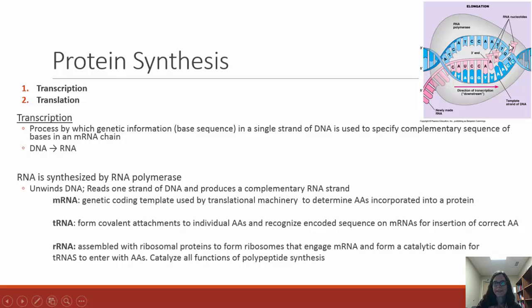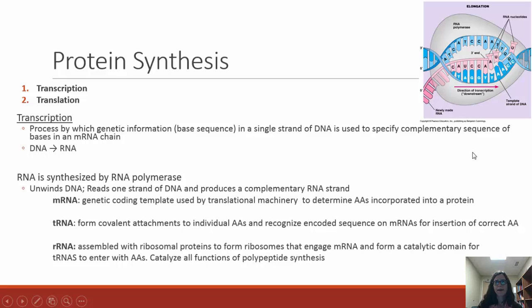It's unwinding, and then we have RNA that is being formed by complementary base pairing onto the second strand of DNA. So this RNA is very similar in its base pairings to the DNA, except instead of the T, we have a U. And then in this way, the RNA polymerase moves down the DNA, making this new RNA.